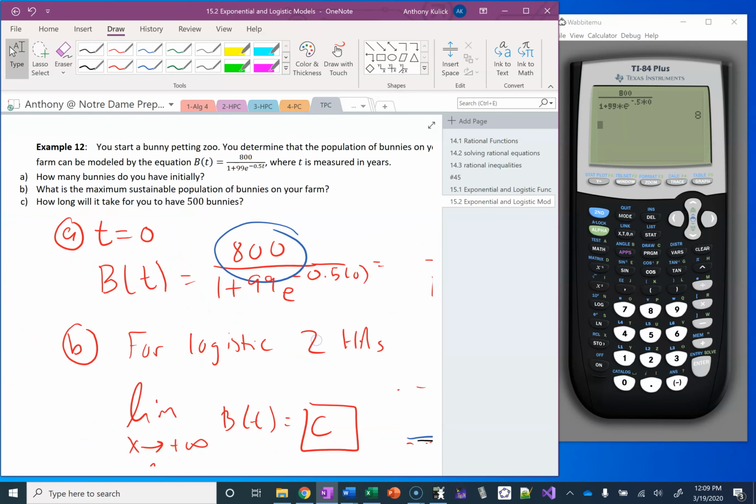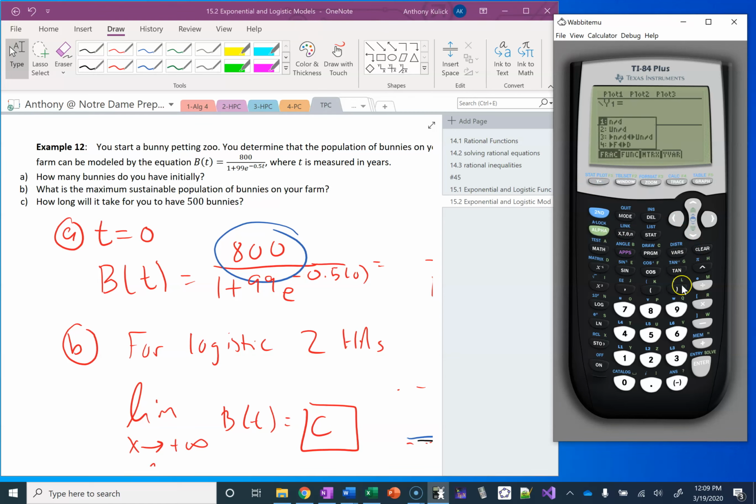And then it asks, how long will it take for you to have 500 bunnies? Well, we're going to do this graphically. So the first thing I'm going to do is type in the logistic model into y1.